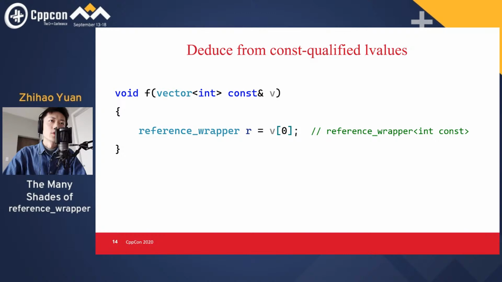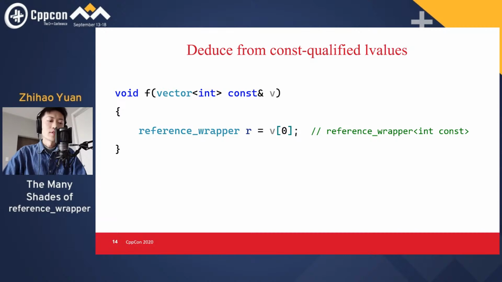So in order to produce a reference_wrapper that refers to some const-qualified lvalue, we can rely on class template argument deduction. In this example, if you initialize a reference_wrapper from a const value, the type of the reference_wrapper is deduced to be reference_wrapper<int const>.